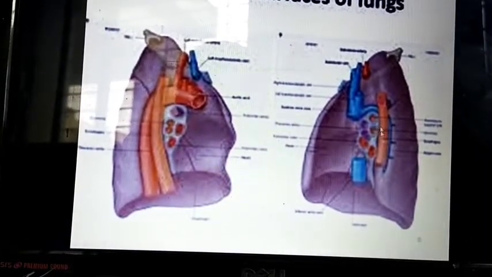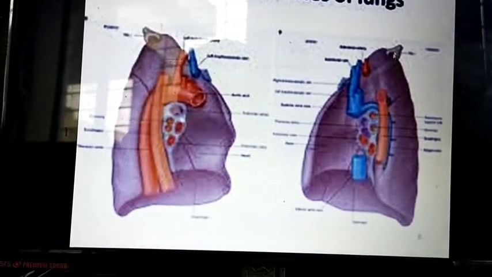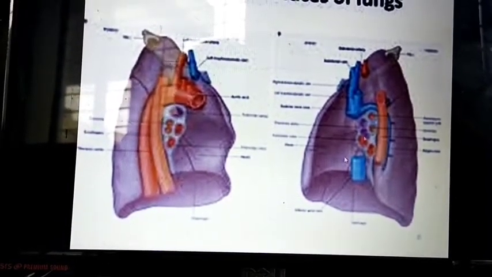This is the ascending aorta. Here you can see the superior vena cava, the azygous vein, the inferior vena cava, the esophagus, the subclavian artery, and the first rib. Like that, it has the impressions.